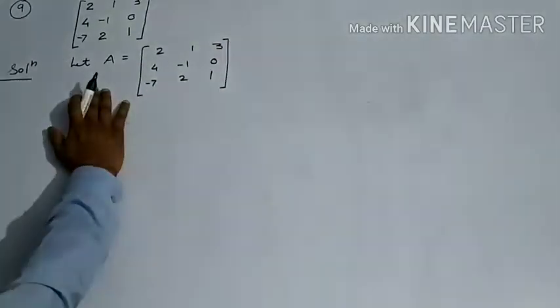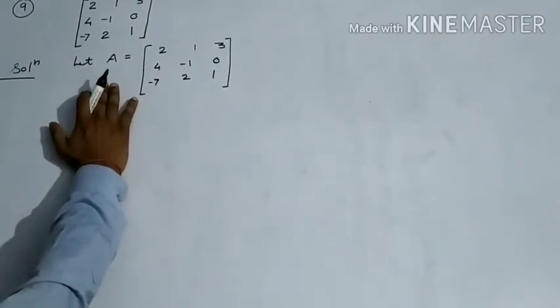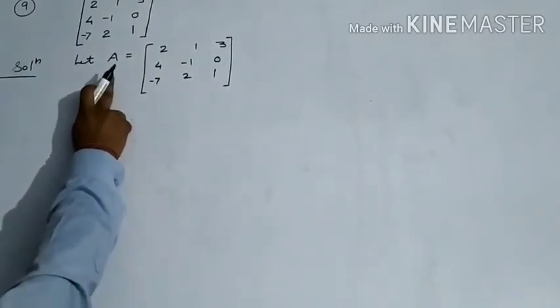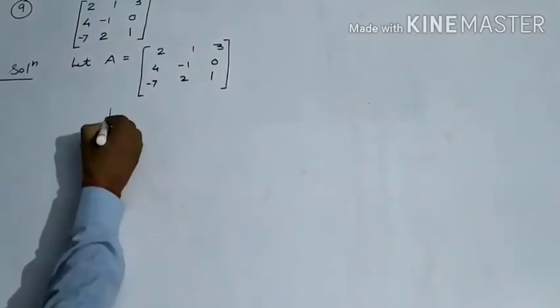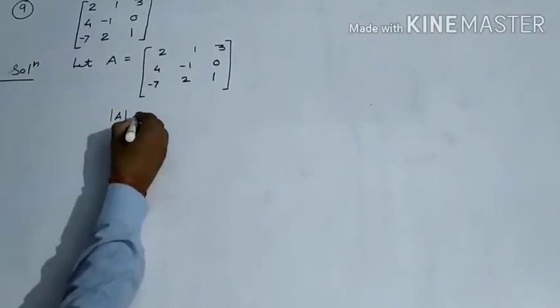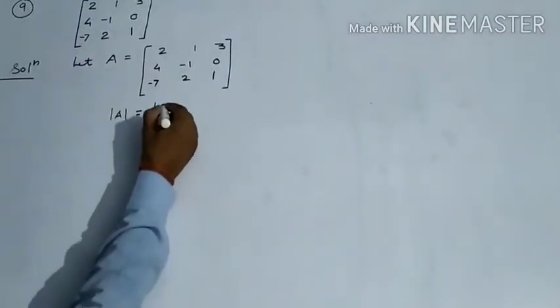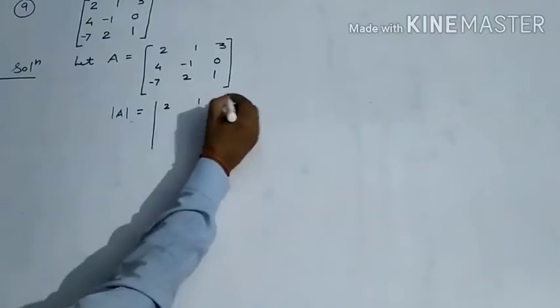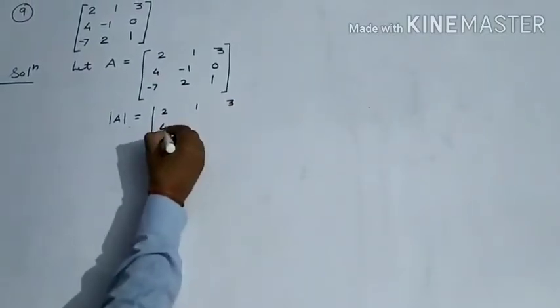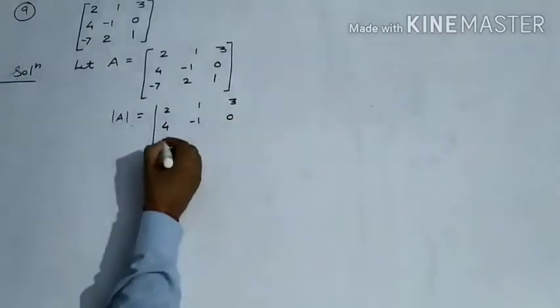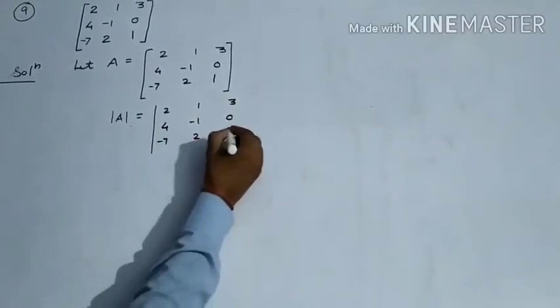For finding the inverse of this matrix A, we want to find out the determinant value of matrix A. So determinant of matrix A is equal to 2, 1, 3, 4, minus 1, 0, minus 7, 2 and 1.